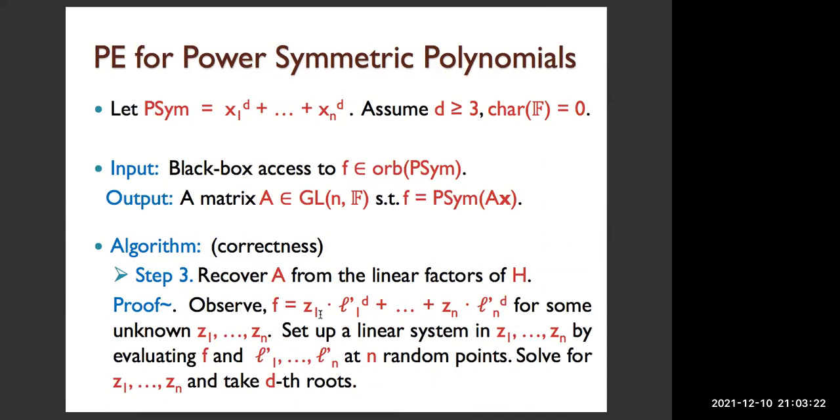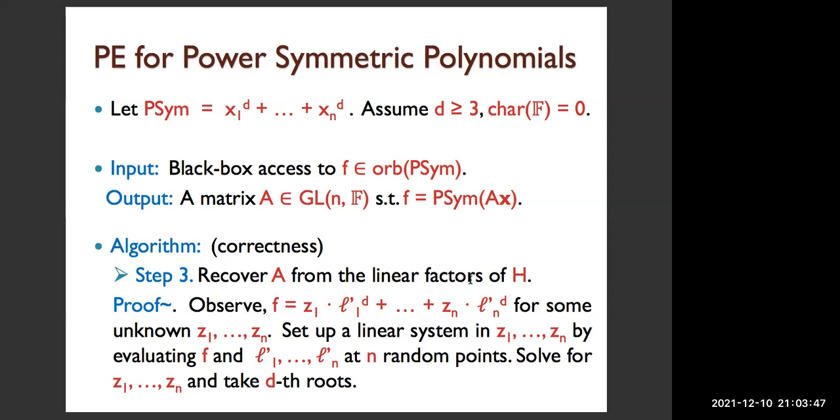You do this. Notice that now my algorithm knows the L1 primes, right? And I know my input F can be written as some constant Z1 through Zn times these linear forms. Why? Because L1 prime is just a constant times L1. Similarly, Ln prime is just a constant times Ln. So I know that this is true.